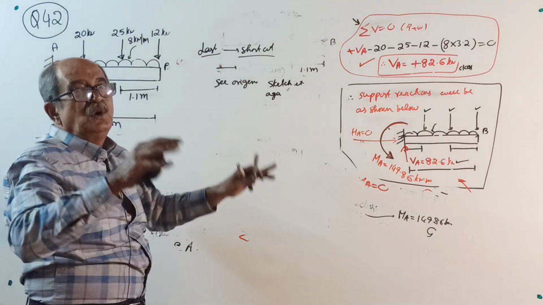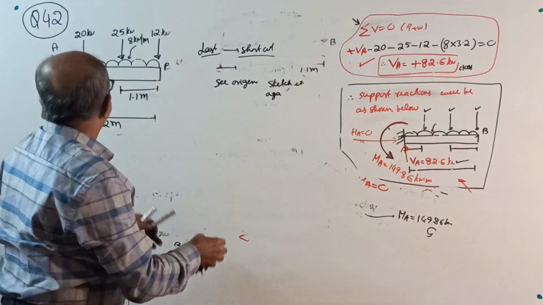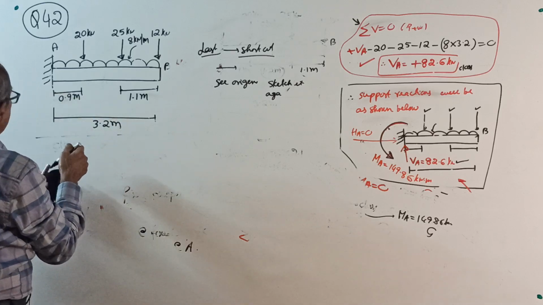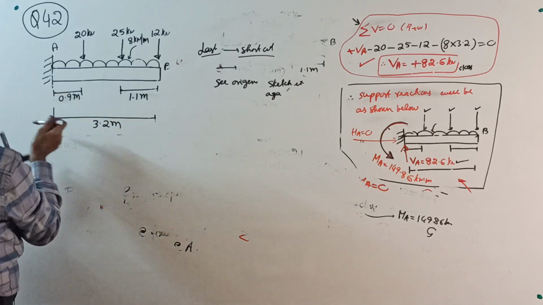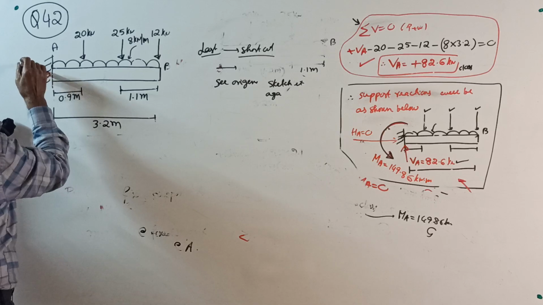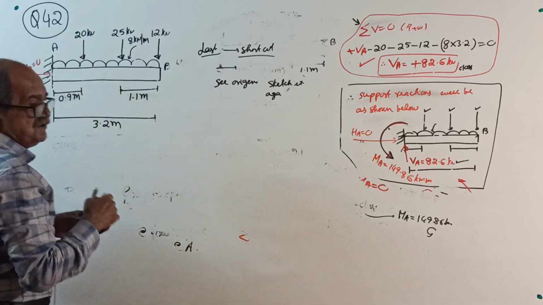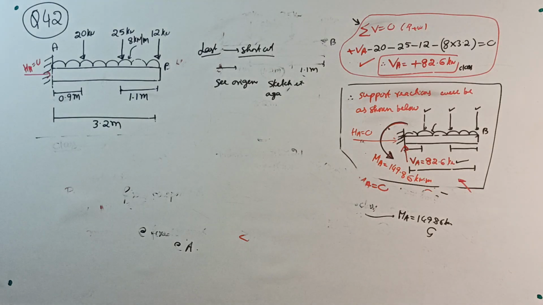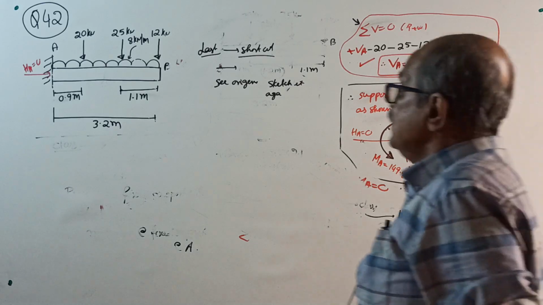First, horizontal equilibrium. No horizontal load, therefore write directly horizontal reaction HA equal to 0. Then, no calculation.